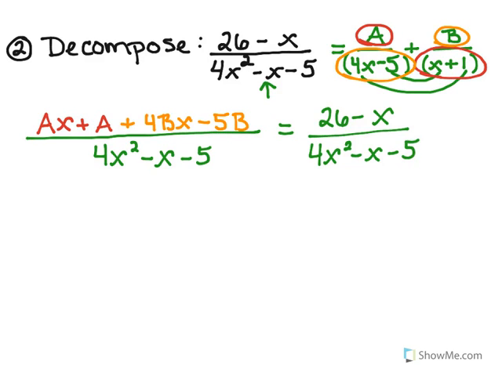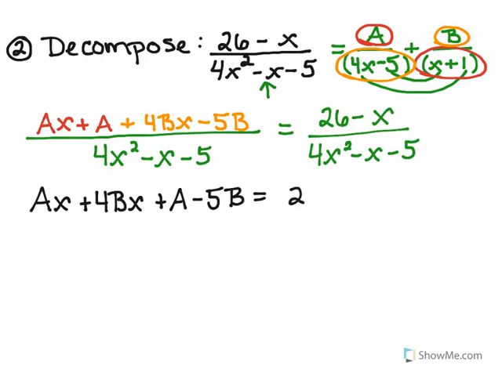And now we're going to try to set corresponding elements or coefficients equal to each other. So if I just get rid of the denominators for a minute, what I have here is ax, I'm going to reorder, plus 4bx, and then plus a minus 5b.